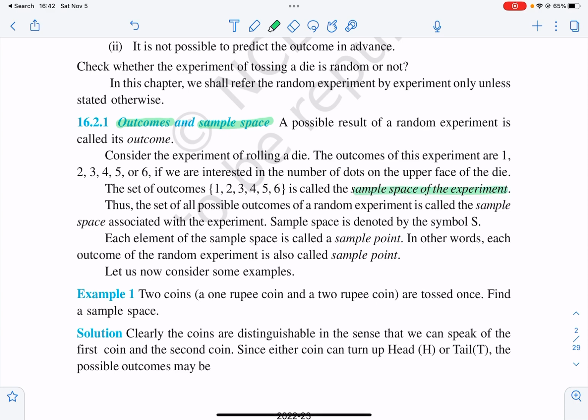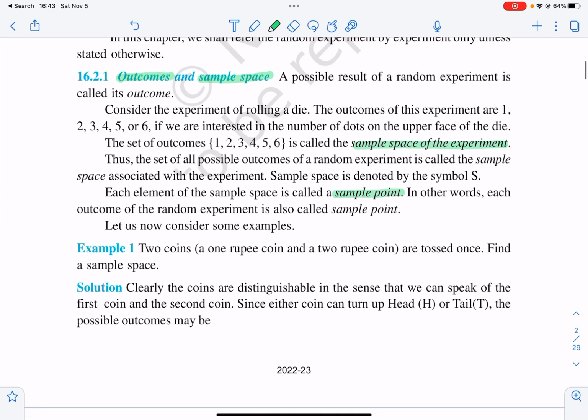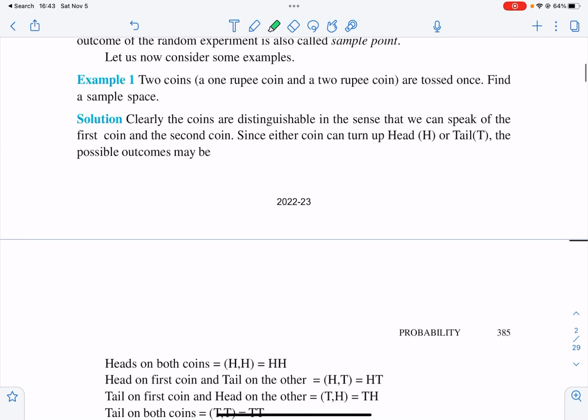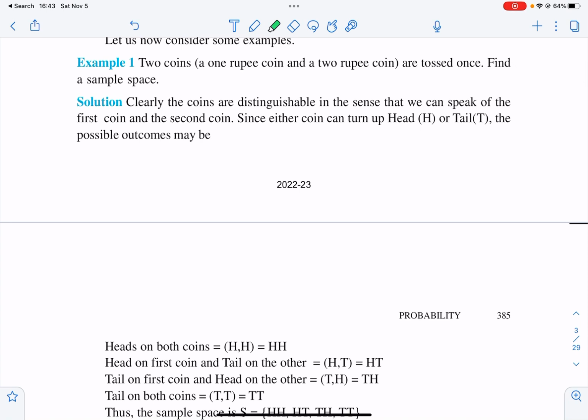We will look at the meaning of a sample point. So these are just some of the keywords that you need to familiarize yourself with.